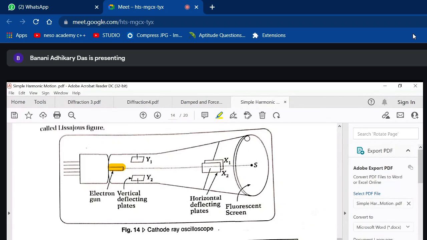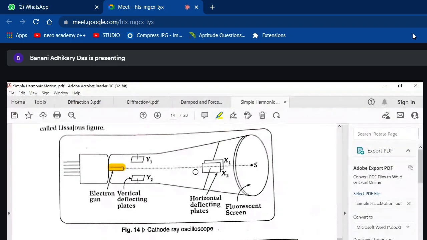Depending upon the value of delta and the relative values of A and B, you will be generating ellipses, circles, straight lines, and loops depending upon the frequency ratio: 2 loops, 3 loops, n loops.